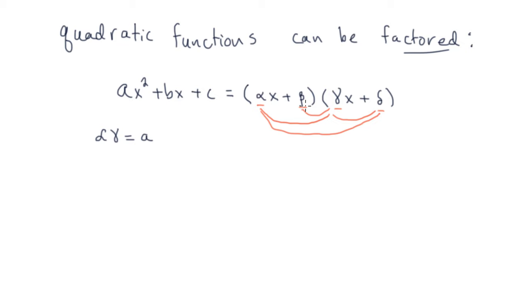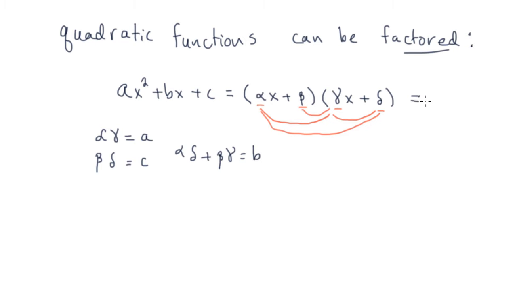We're looking for beta and delta to multiply together to give us c. And we're looking for alpha times delta plus beta times gamma to equal b. So if we can guess from these conditions what these numbers are, then we can factor the quadratic.